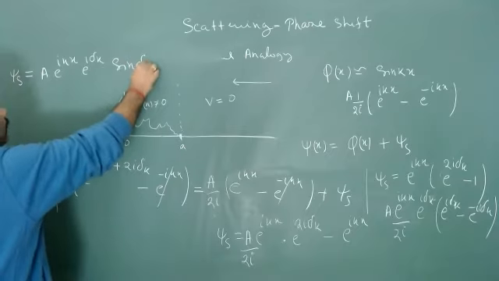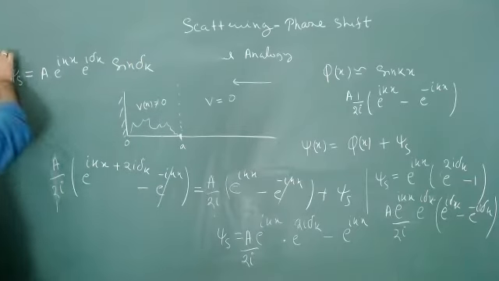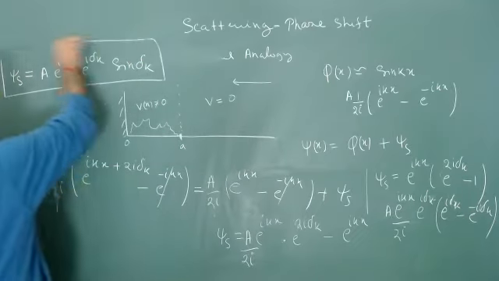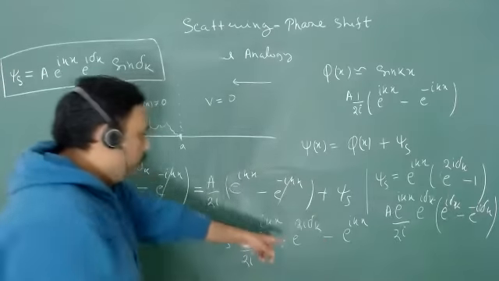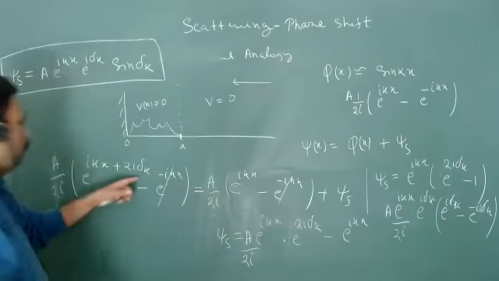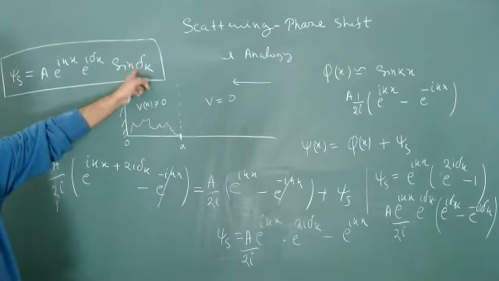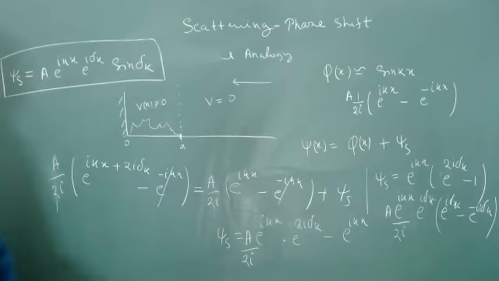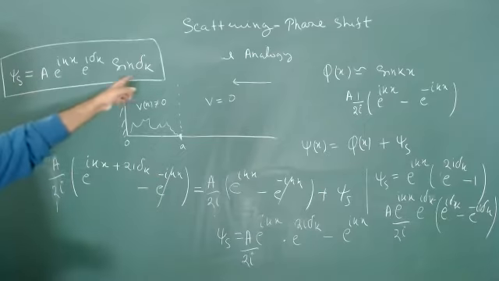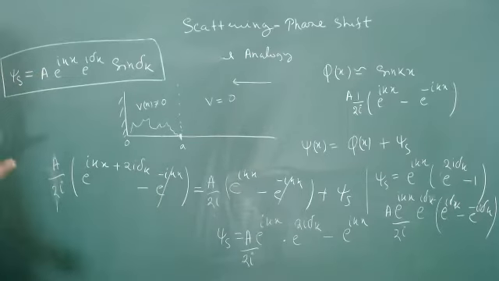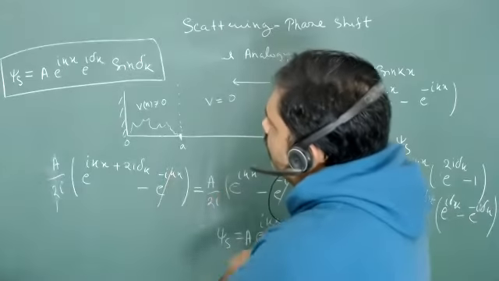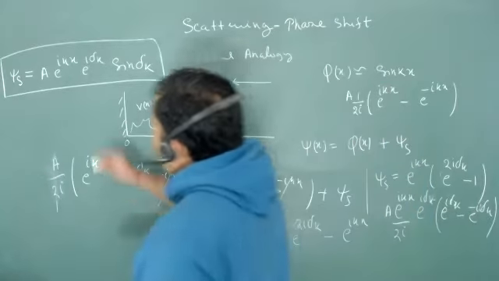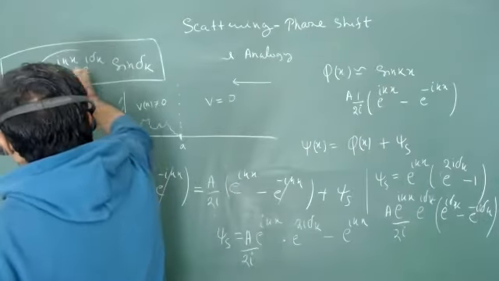Now this is our scattering wave function. Now you can understand why we have taken 2 here. Because it will give you the phase shift in terms of delta k. So delta k is the phase shift, but we are taking 2i delta k such that we can write all this. So now look at here. Can you please tell me what is A to the power ikx?